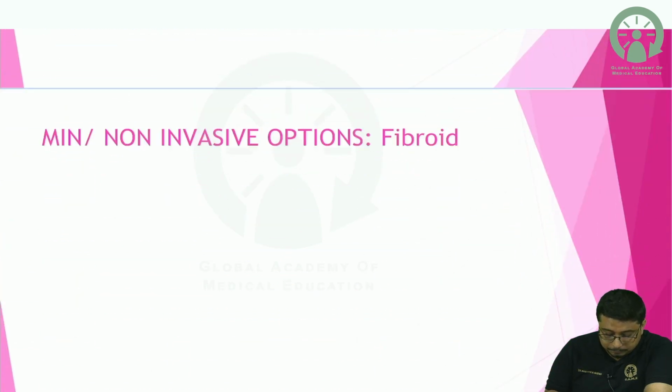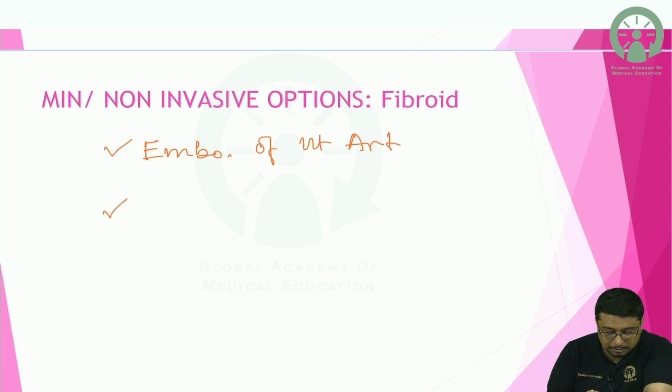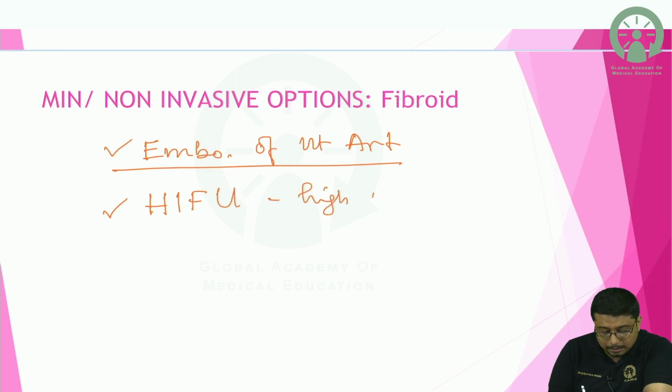So what are the minimal and non-invasive options for fibroid? So that you should know, there are certain things. Starts with embolization of the uterine artery. Next thing that is there is HIFU, high intensity focused ultrasound.